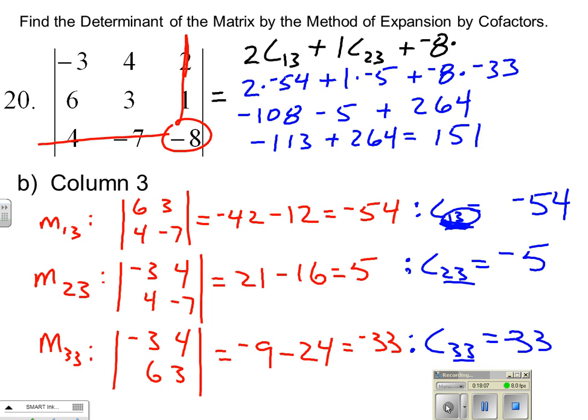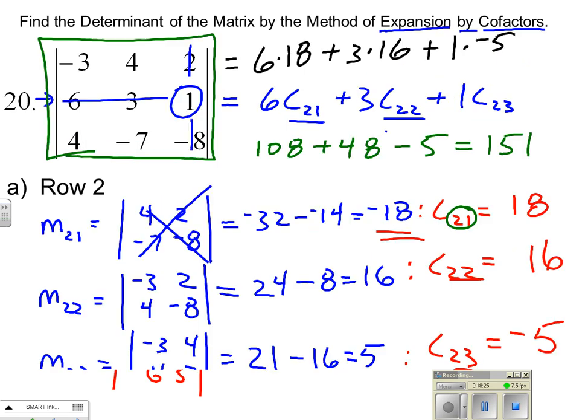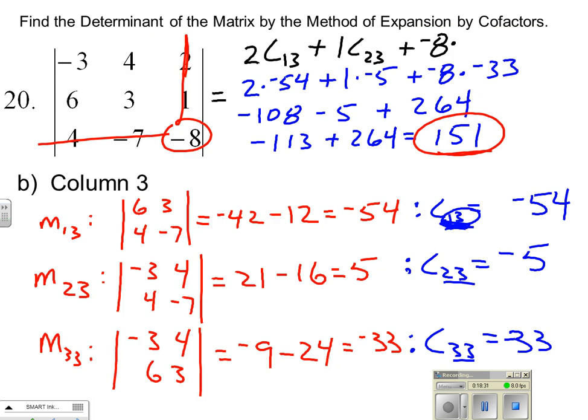And maybe this is a good thing. It was because I knew coming into this problem, let me go back to the previous slide, that we had a determinant for this matrix of 151. That is not to change between rows and columns, so we should be at 151 regardless. So there you have it.